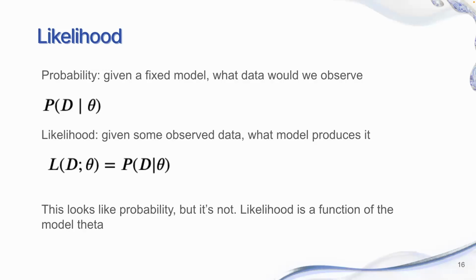What is theta? Theta is just your model. It can be any machine learning model or whatever. You can think of it as kind of the output of the model. And D is your data. Let's say you have a data set, then D is just your data set.